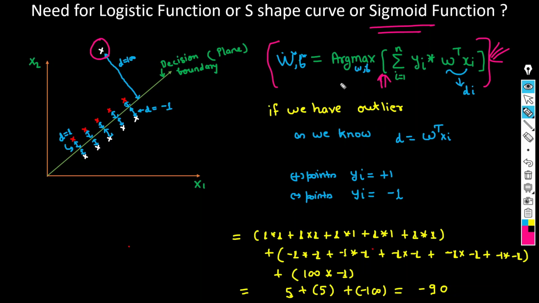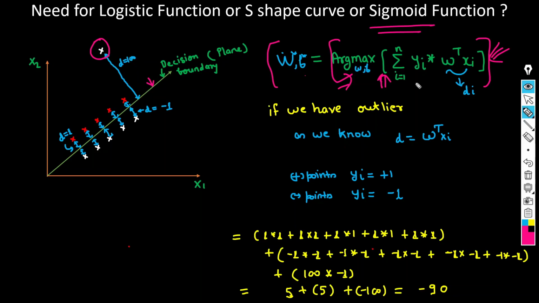Then we have to maximize this equation with this outlier and find the best fit plane. Let's assume this is the best fit plane and I am calculating the output of this equation. The distance for the negative points is -1 and the distance for these points is +1, and this outlier's distance is 100 from this plane.